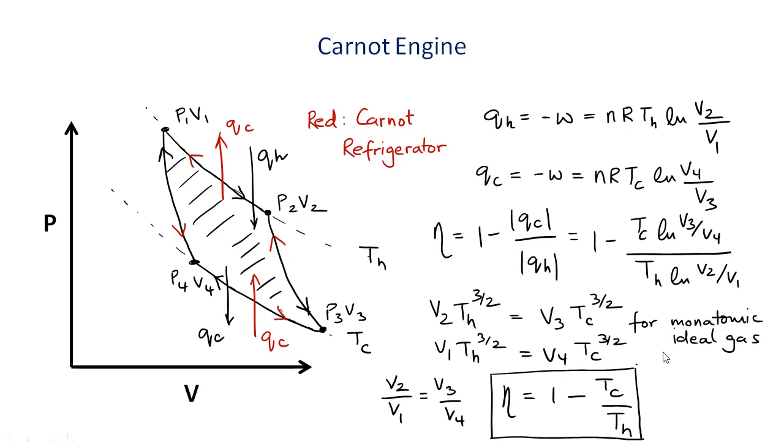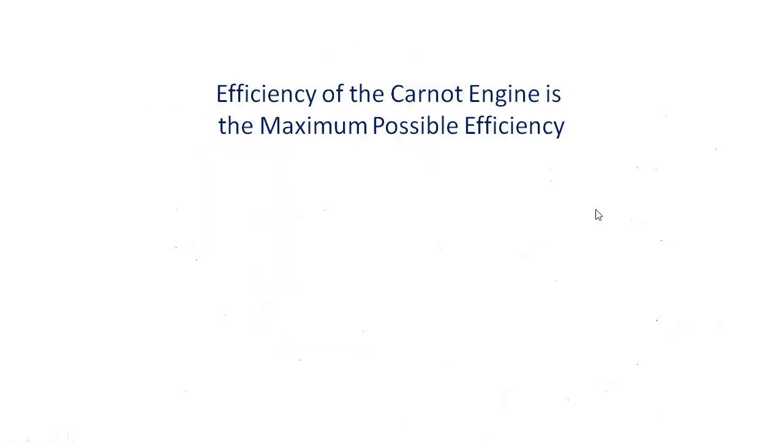We will now prove that the efficiency of the Carnot engine is the most that is ever possible of any engine. In other words, this expression gives the theoretical maximum of efficiency for any engine that can be constructed to operate between two different temperature reservoirs.